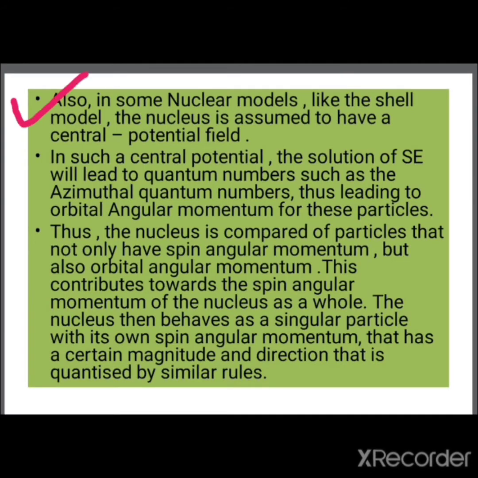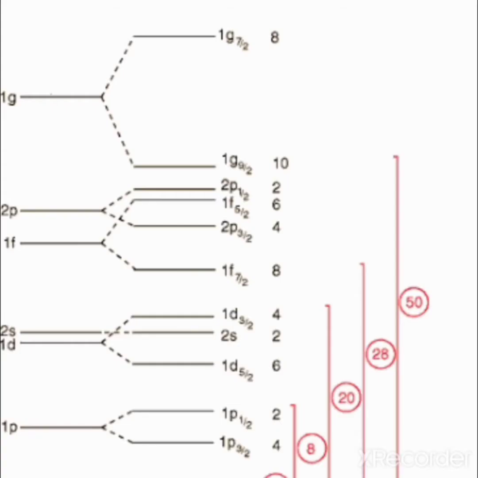Also, in some nuclear models like the shell model, the nucleus is assumed to have a central potential field. That's the shell model diagram basically, but we will study the shell model in some other lecture in detail. You can see the diagram here.